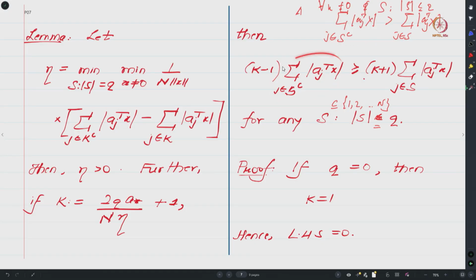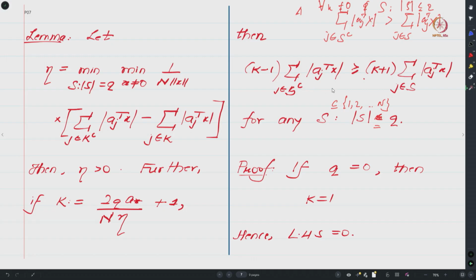Whatever is this expression I have here and whatever is this expression I have over here, I am not just saying that this is strictly bigger than this. I am instead saying that this expression by this expression is greater than k plus 1 over k minus 1. So the earlier inequality is basically saying that if I take this left hand side and divide it by the right hand side, this ratio will be strictly bigger than 1.